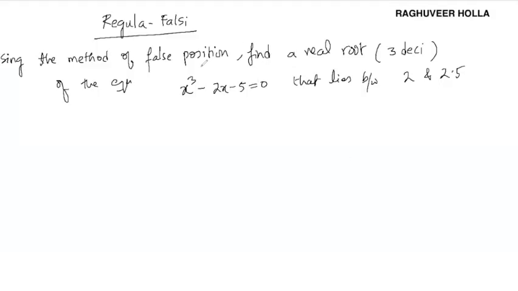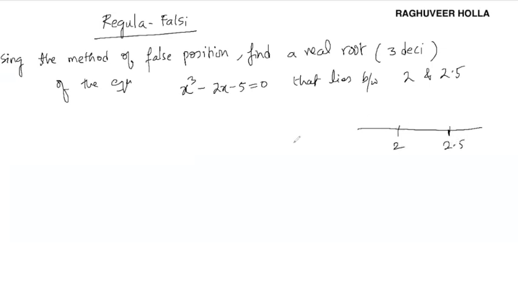So this is the equation where you have to find the real root up to three decimal places. As it is given, the root lies between 2 and 2.5.